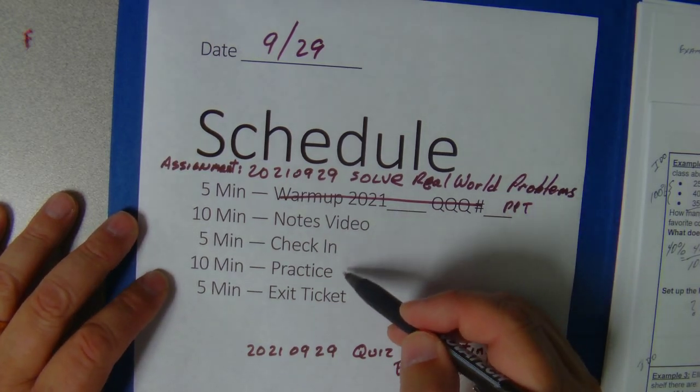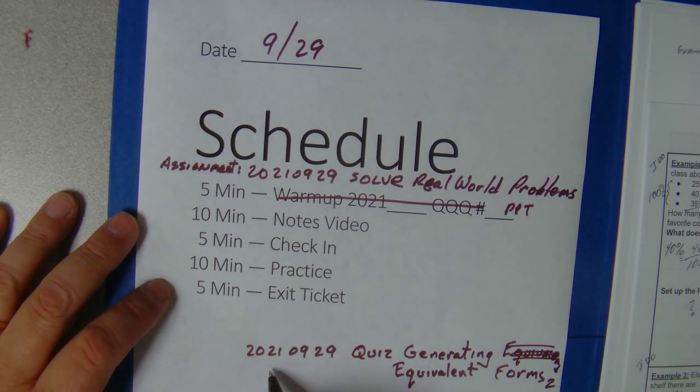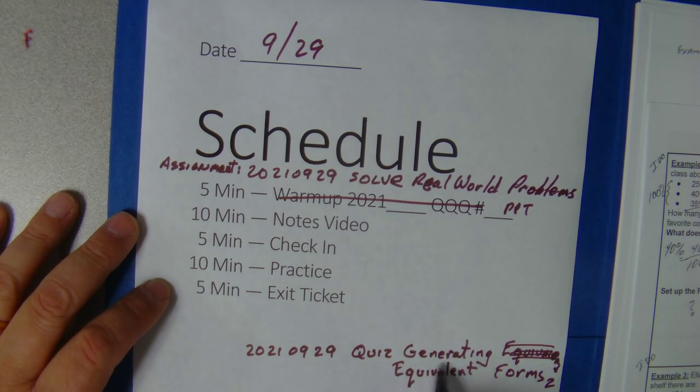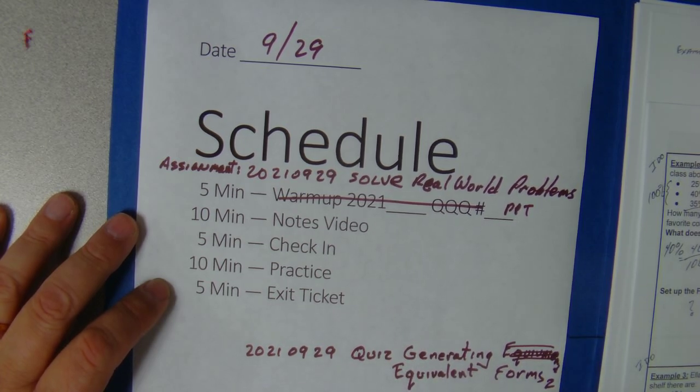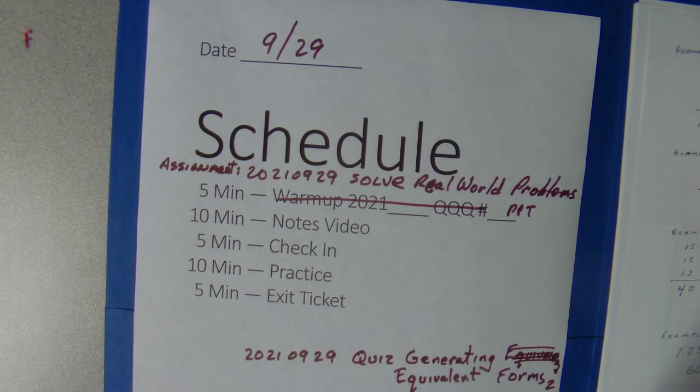We will have a check-in, a practice, and an exit ticket. We will also have a quiz, which is in your Google Classroom under the classwork of 2021-09-29 quiz, generating equivalent forms 2. But let's go ahead and get started with the notes, shall we?